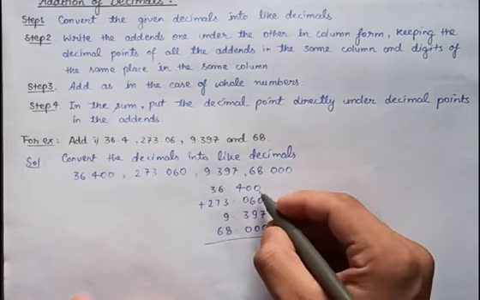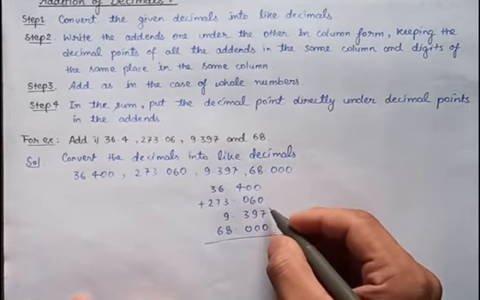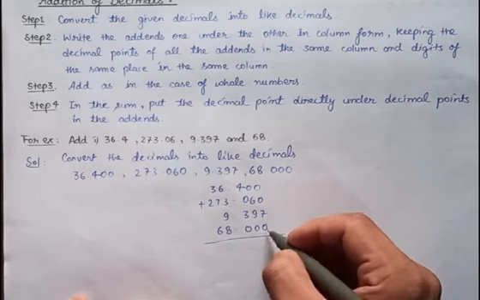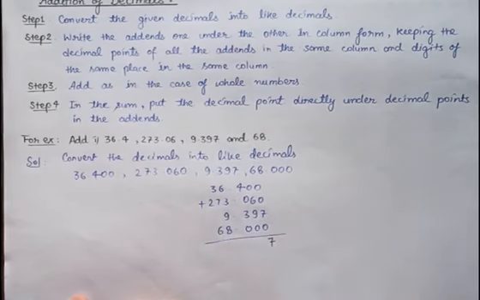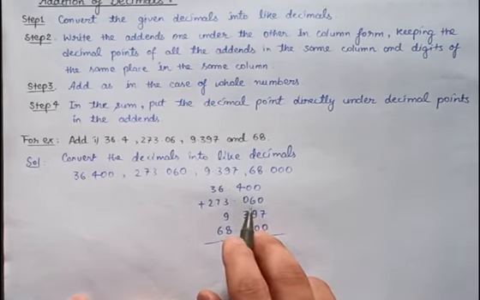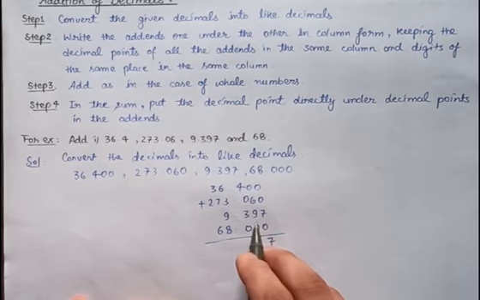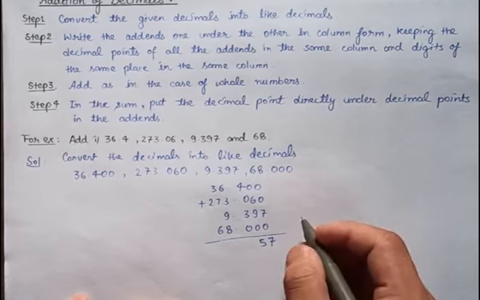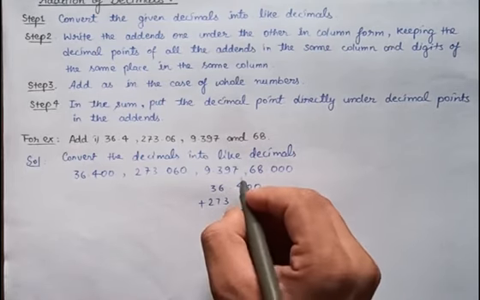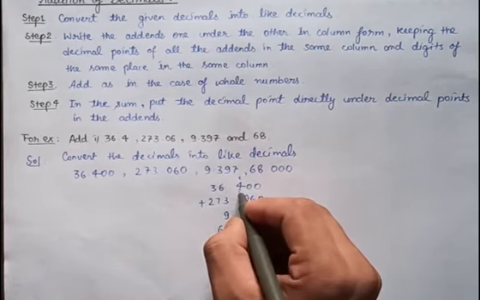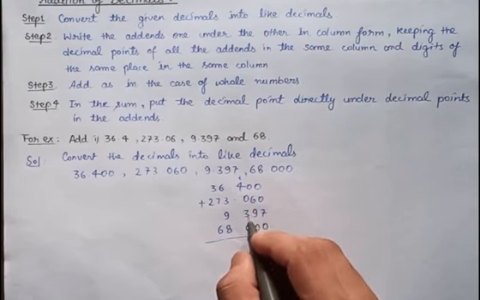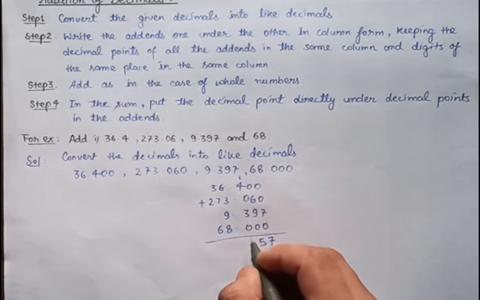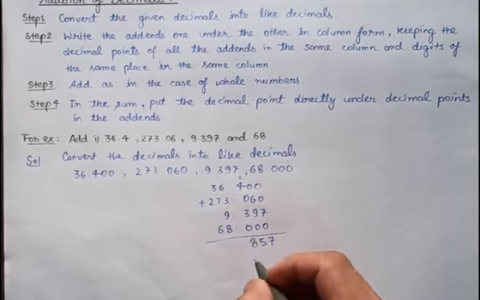So here you can see 0 plus 0 is 0 and 0 plus 7, 7 and 7 plus 0 again 7. 0 plus 6, 6, 6 plus 9, 15, 15 plus 0, 15. So here we have 15 and 1 as carry. So here we add carry 1, 1 plus 4, 5, 5 plus 0, 5, 5 plus 3, 8. So here we have 8.